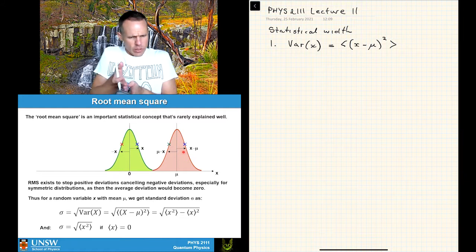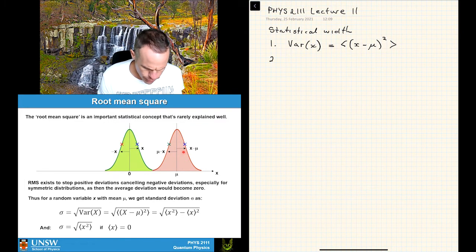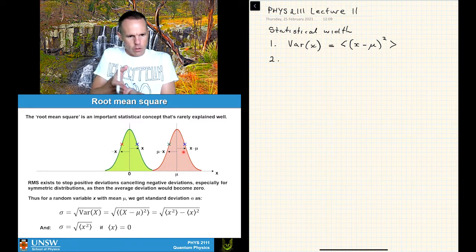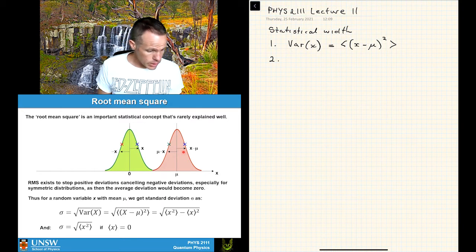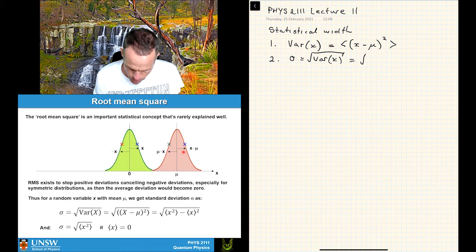And so really what we're doing there is just taking the mean square displacement away from what we're looking for. The one that we actually tend to prefer, because it's a more representative measure of the real width of the distribution, is called sigma, for standard deviation. And it's basically the square root of this variance of x. So it would be the square root of the average of x minus mu squared, like so.